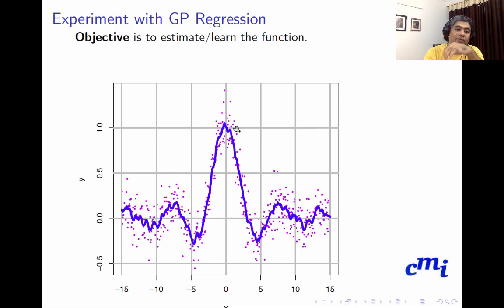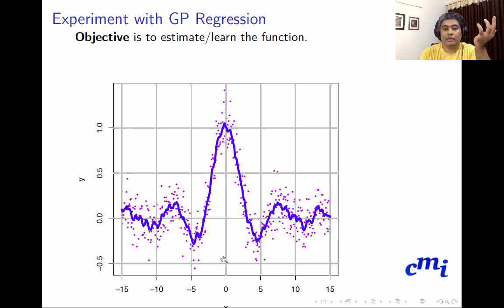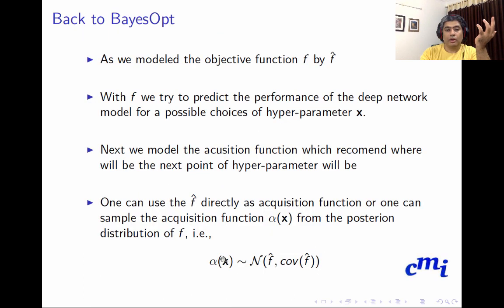We are using GP regression, and from this estimated function we will try to predict where my possible global optima is. And looks like near zero the global optima is there. But we will see whether there is a little bit more to it in the Bayesian optimization algorithm.